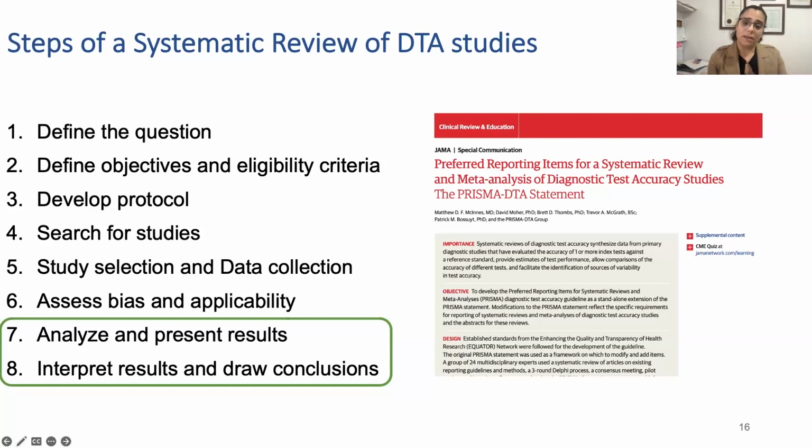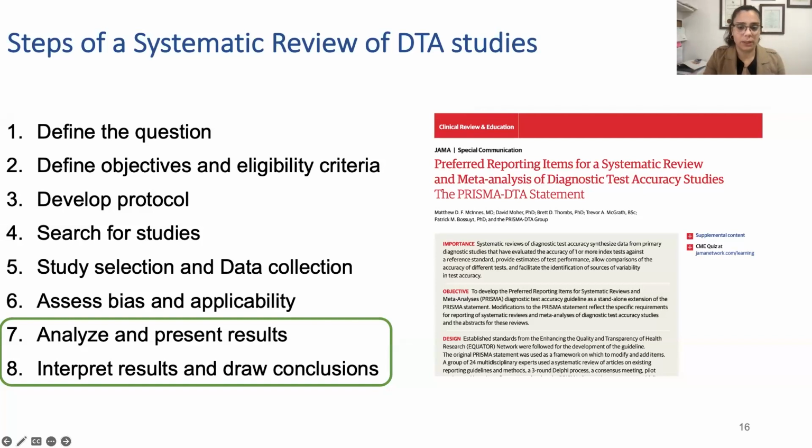But as a ninth step, we may also want to update and improve the review based on new studies that might be available. But I want to highlight here that it is of major importance to be transparent in the reporting. Of course, when we are transparent in the reporting, we reduce research waste. And we need to follow the PRISMA DTA guidelines.